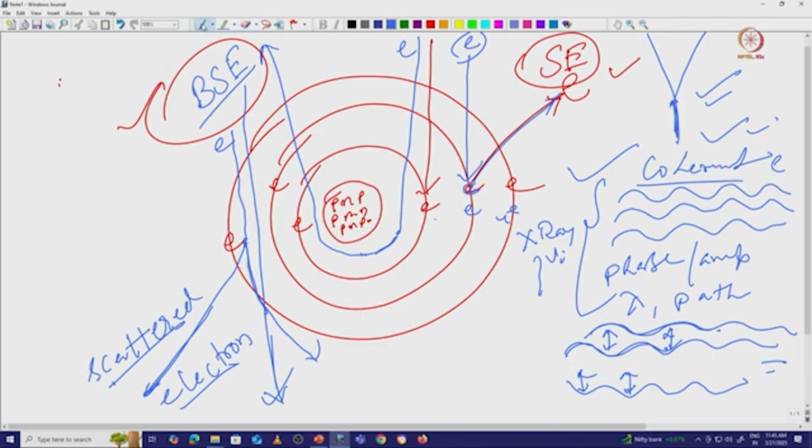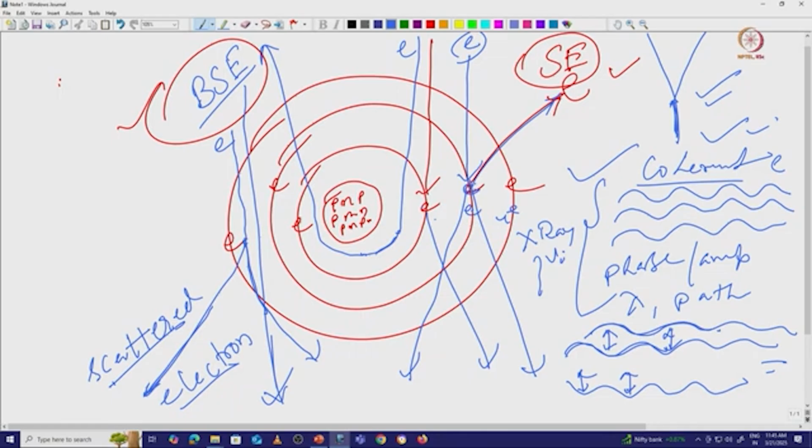Now in this particular case you can see that the electron is coming here, it interacts with this electron, and then definitely due to this collision there will be some energy loss. What will happen? This electron will also be scattered at a different angle and in a different direction, and even this one also at a different angle. This is called inelastically scattered electron.